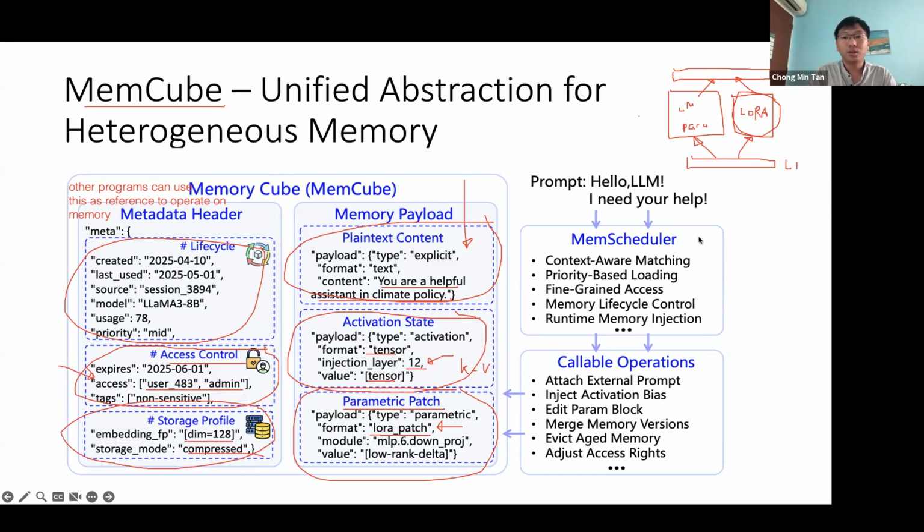And you can have different things that can be used to retrieve your memory. You can do context aware, priority based. There are some other modules like the mem scheduler. After a while, maybe after 1 year, delete the memory. That kind of thing. You can have hard coded rules inside here for different programs acting on these base units.